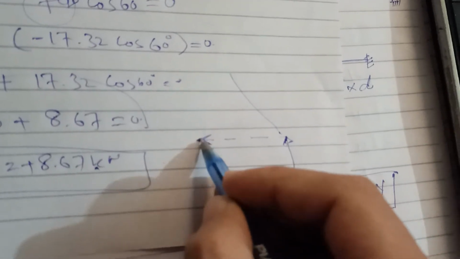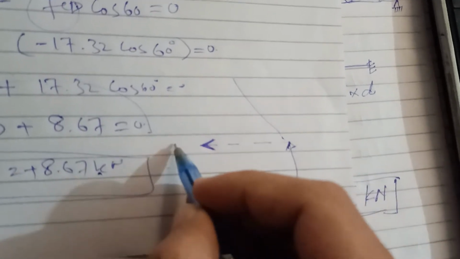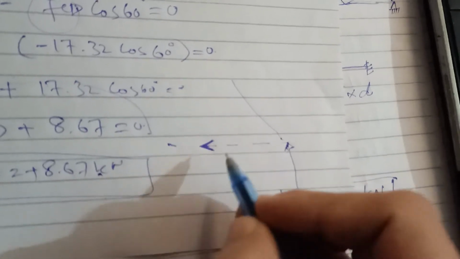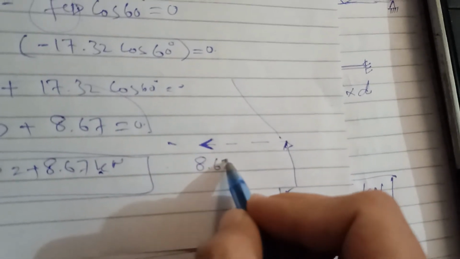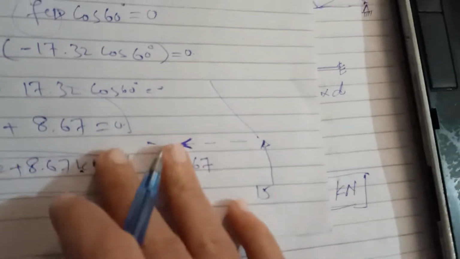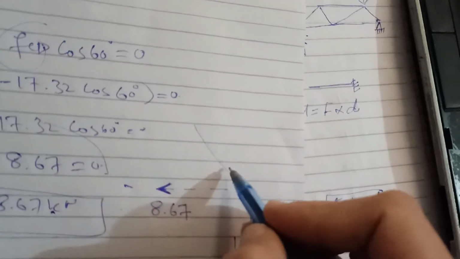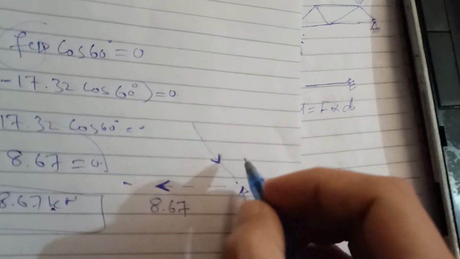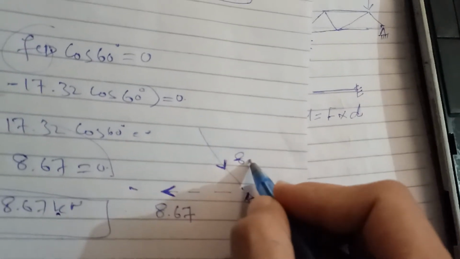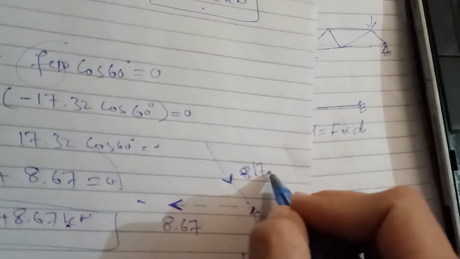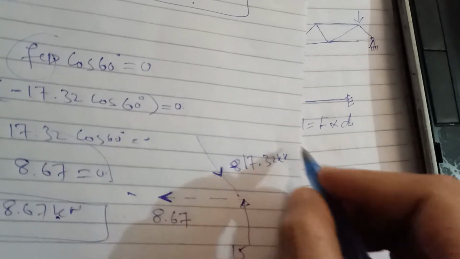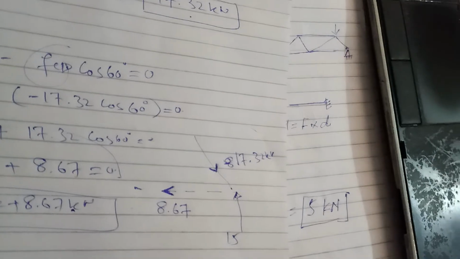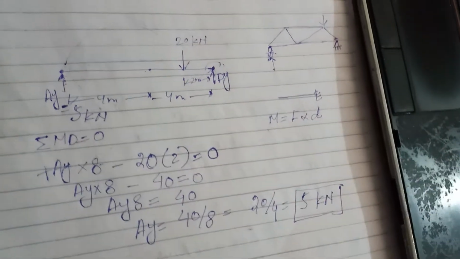So this is in this direction, 8.67 kilonewton FED. And FCD equal to minus means that the direction we have assumed is not the same but opposite. So this is minus 17.32 kilonewton. Okay, so this is our joint D.